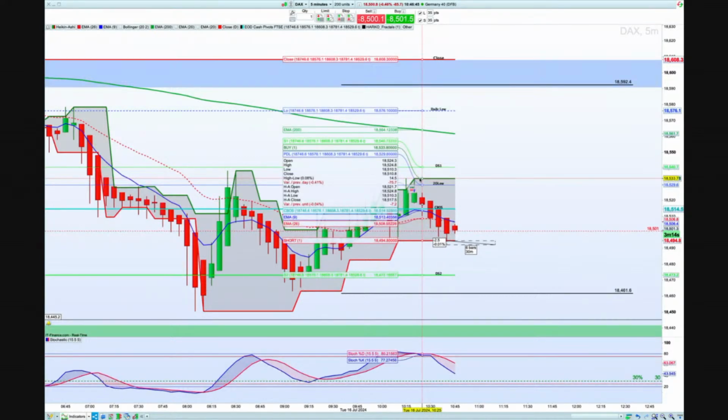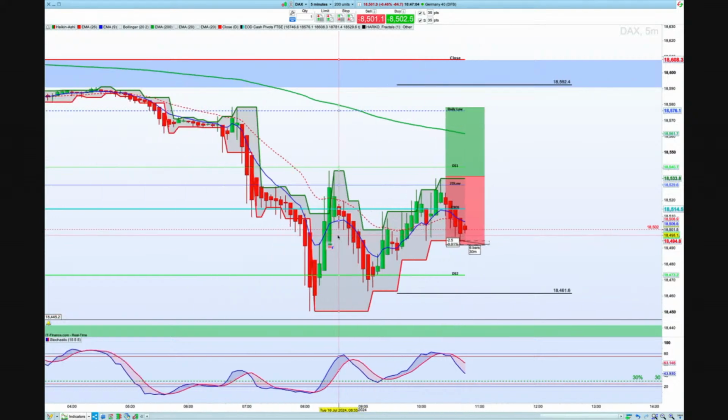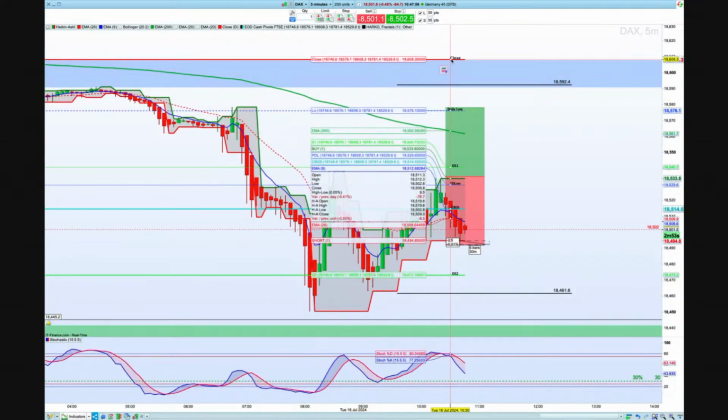That's 18,533.7. We'll round that up to 18,535. There's a break, and we'll have our stop down to here. That still comes very much short of the close.